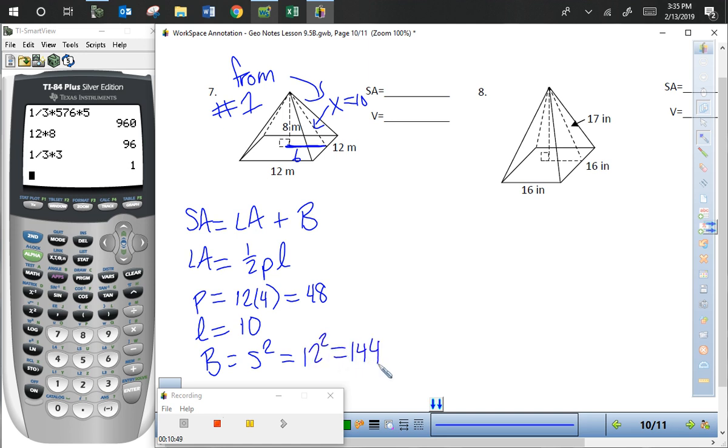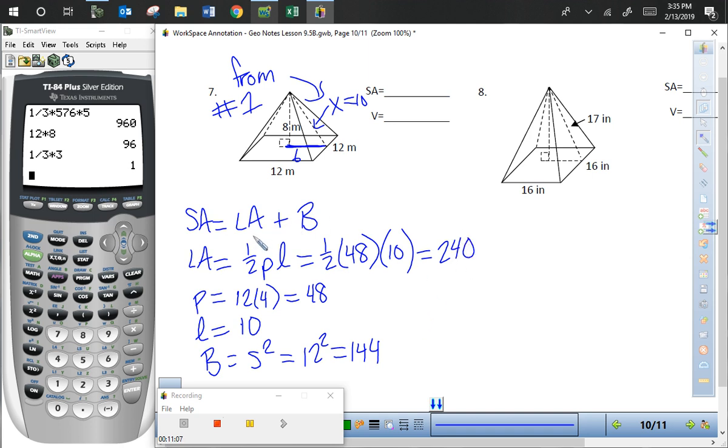144. Putting it all together here, lateral area was 1/2, the perimeter was 48, times the slant height, which was 10. Type that in for me. You'll get 240.